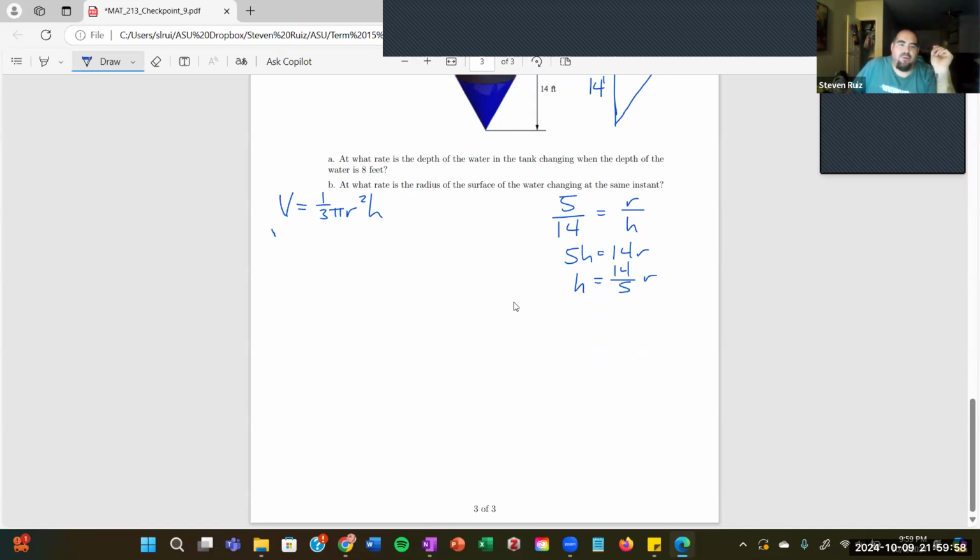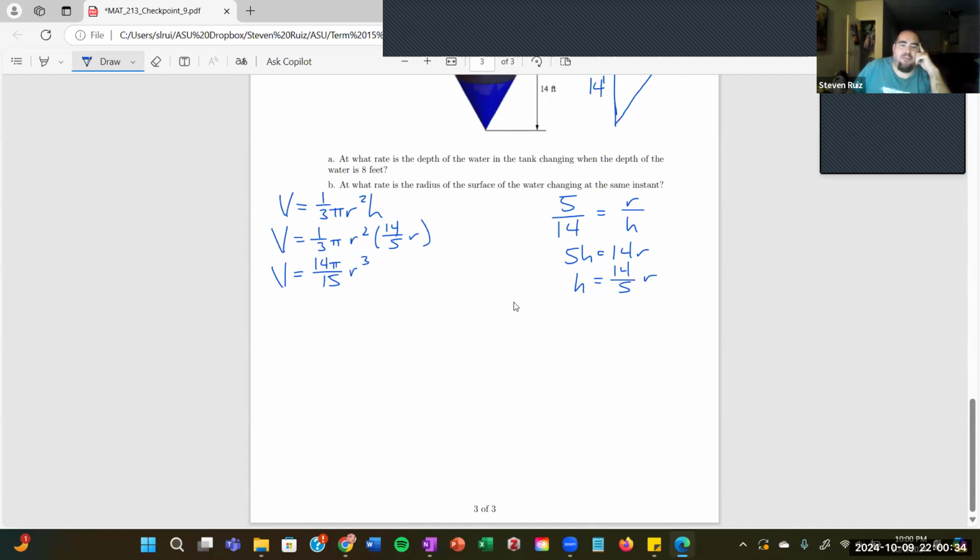So I'm going to rewrite this equation using that information. 1/3 pi times r squared times 14/5 r. So now I have an equation that only has a single independent variable. So let's just keep going. If I simplify here, what do I get? I get 14 pi over 15 times r cubed.